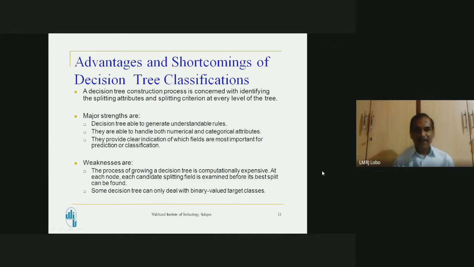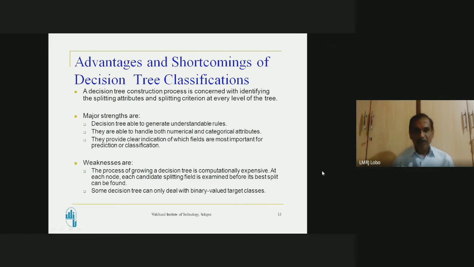What are the advantages of using decision tree classification? A decision tree construction process is concerned with identifying the splitting attribute. And what is the major strength? The decision tree is able to generate understandable rules.